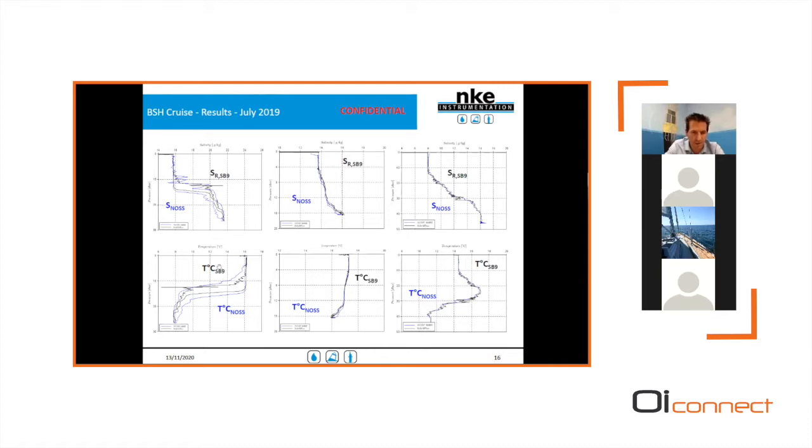And the same, we have the profiling temperature below for 3 examples of profile. So we have a good behavior and a very good shape between the node salinity and the reference salinity. We observe some problem of correction lag and some problem of response time of the node sensor due to the low frequency of measurement.